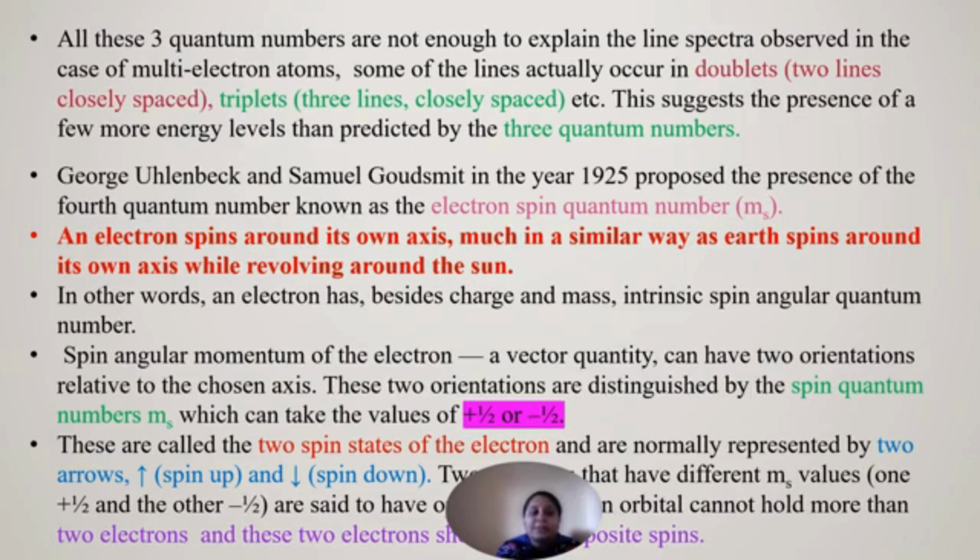An electron spins around its own axis much in a similar way as Earth spins around its own axis while revolving around the Sun.